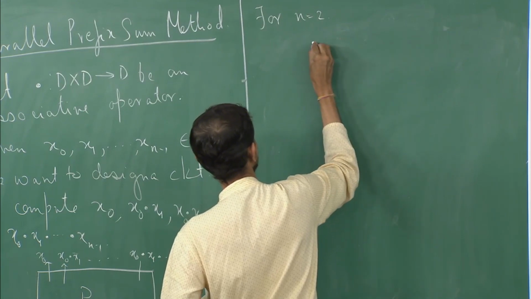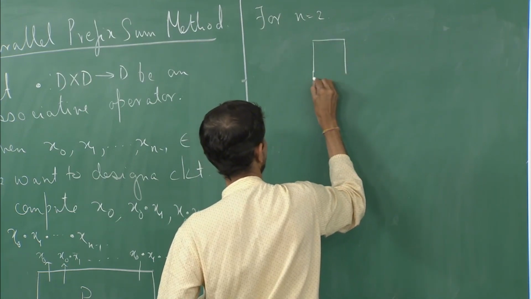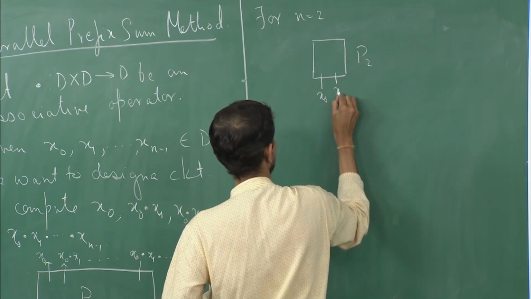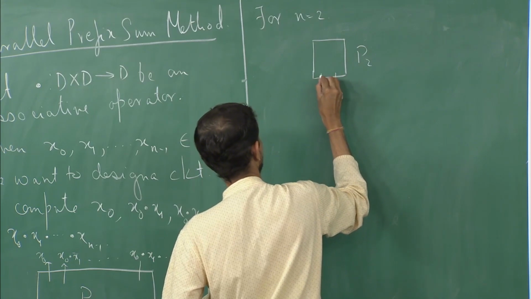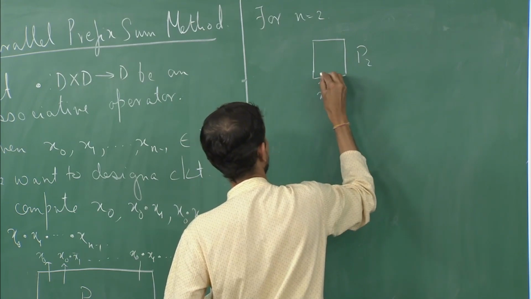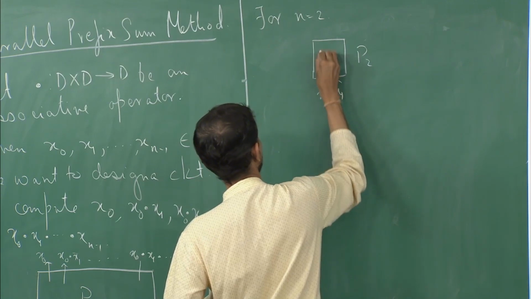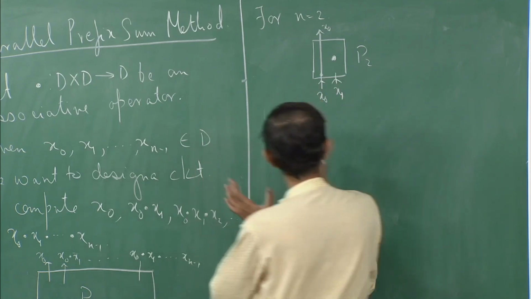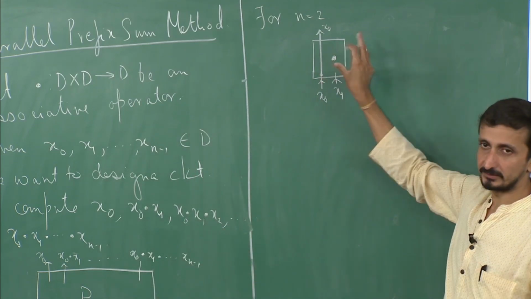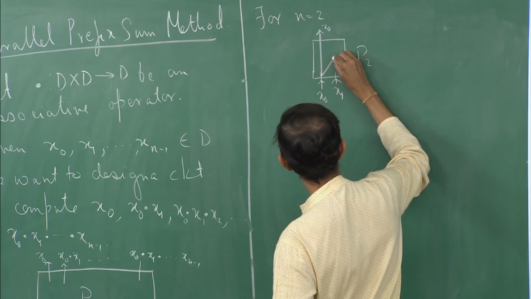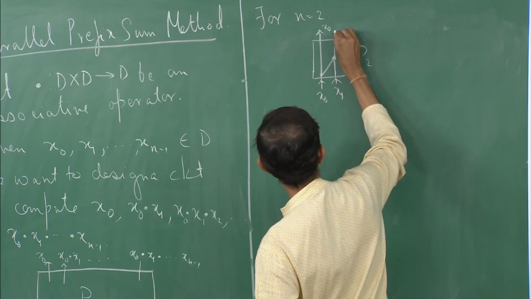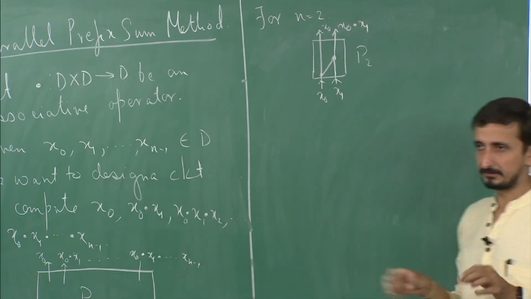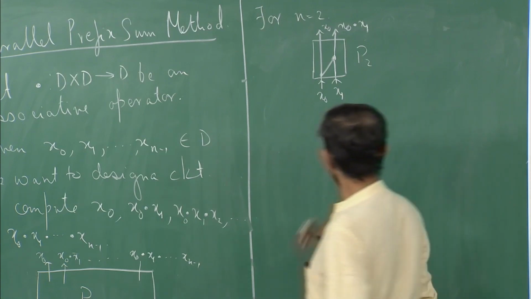This is my circuit P2, it takes x0 and x1 as input, and x0 directly becomes one output, and inside this I have a circuit for this dot operator which will take both these two as input and it produces this as output, x0 dot x1. So, this is for P2.